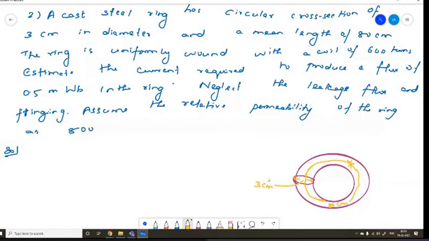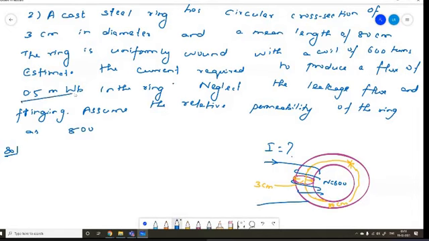This is 80 centimeter. And the ring is uniformly wound with the coil of how many turns? 600 turns. And estimate the current required to produce a flux, so this current has to be determined.